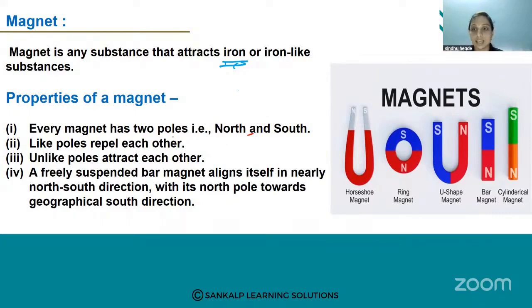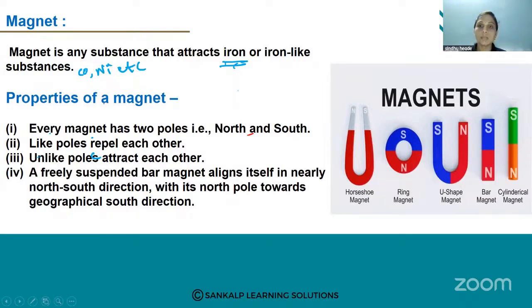This is the definition of a magnet. A magnet is nothing but a substance that attracts iron or iron-like substances, such as cobalt, nickel, etc. So generally it has the property of attraction.